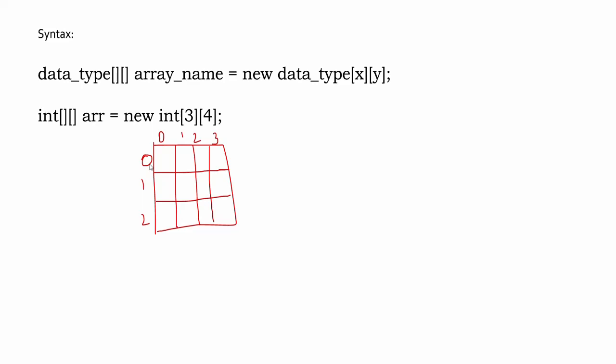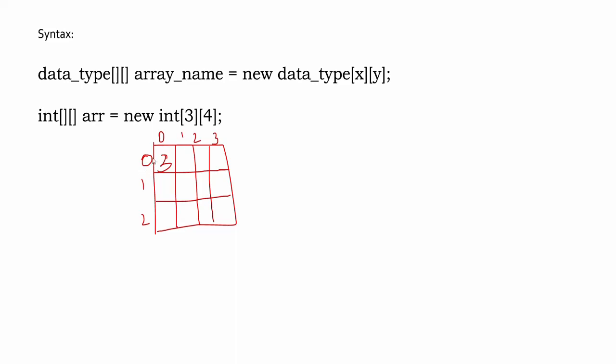Now in position 0 comma 0, I want to store the number 3, so I can store it. If I want to access this value further, I can directly call the array, which is ARR, array of 0 comma 0, and then this particular value will be fetched.